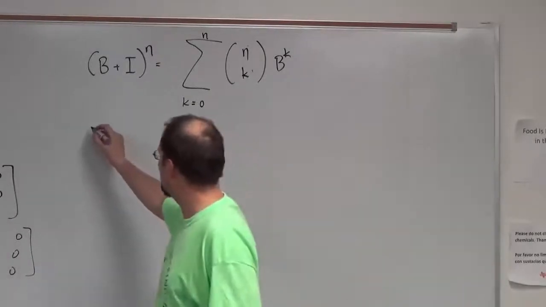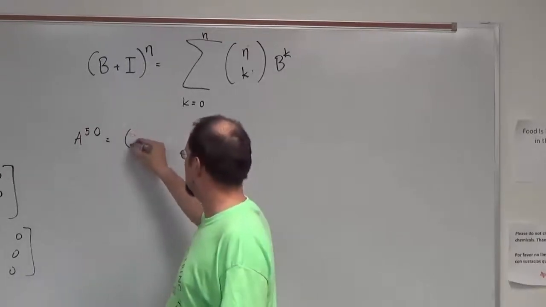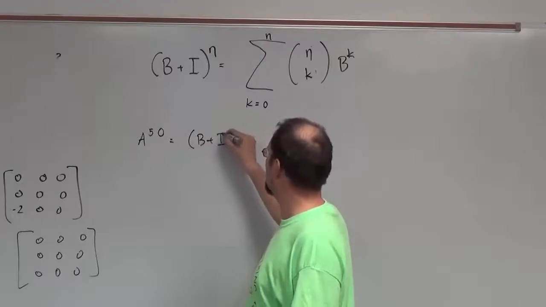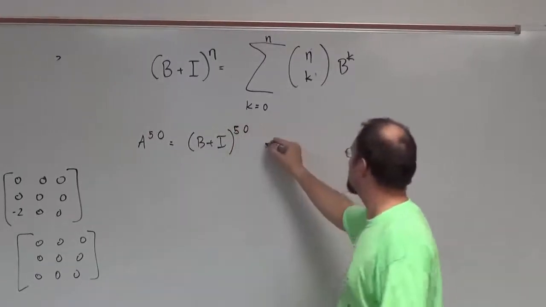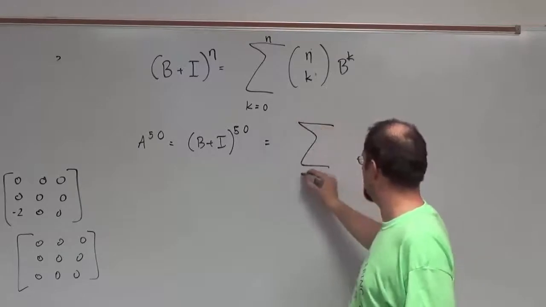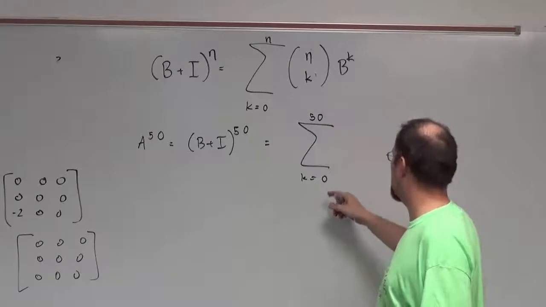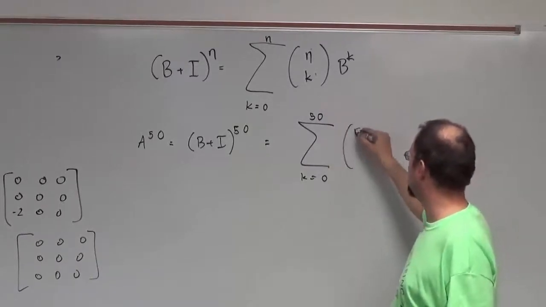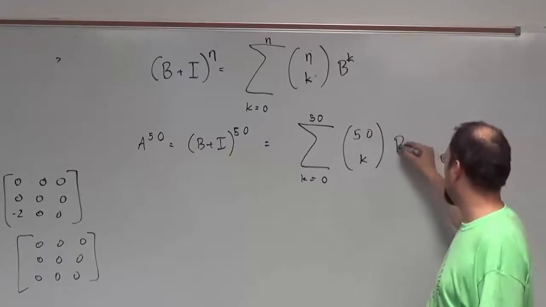So we have A to the power 50 is the same as B plus I to the power of 50. So according to this formula, it's the sum as k goes from 0 to 50 of 50 choose k, and then B to the power k.